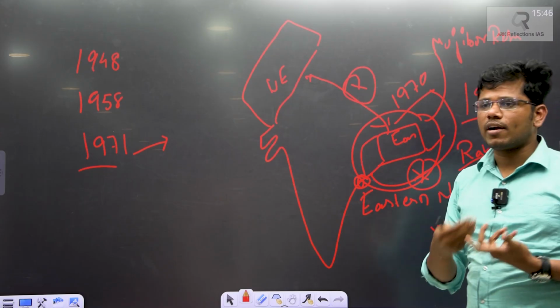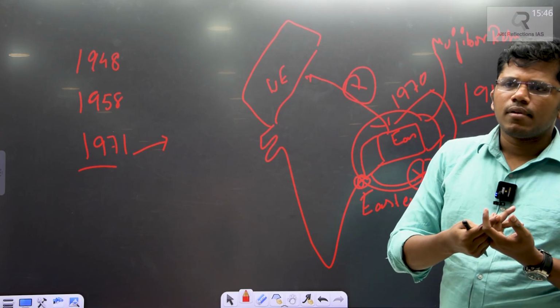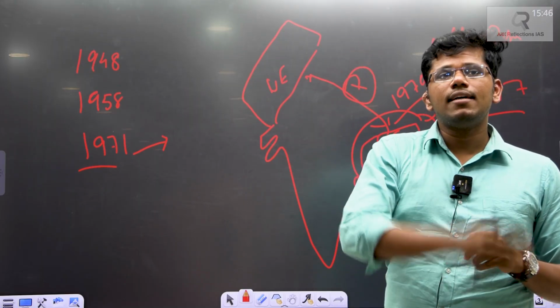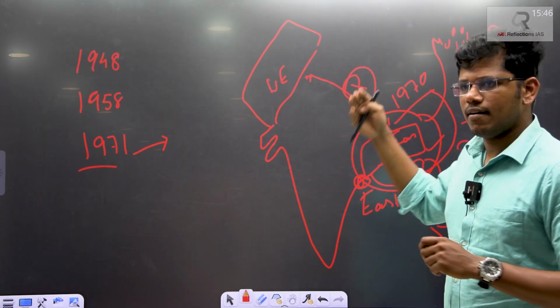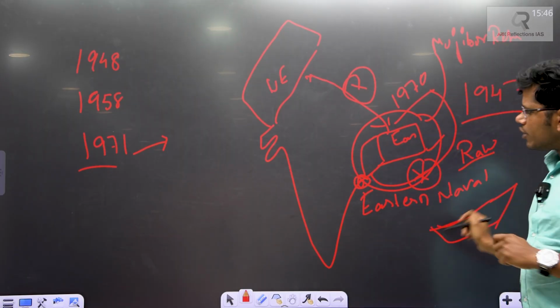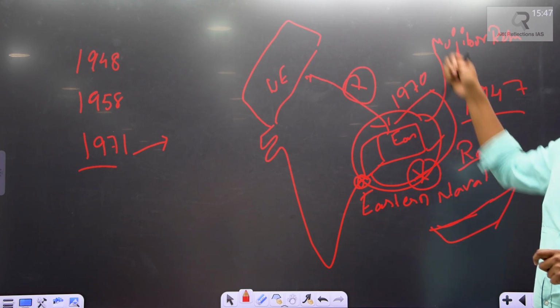What is meant by naval blockade? It means not allowing any imports and exports, completely cutting the connectivity to the outside world. This became a very potent weapon for India.